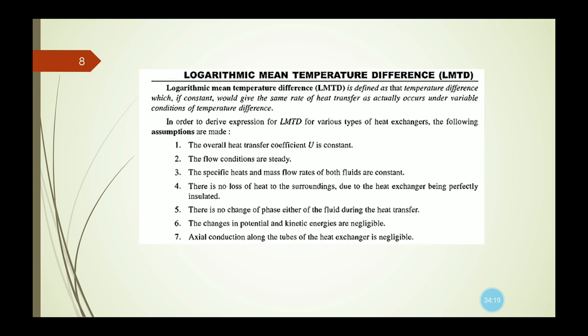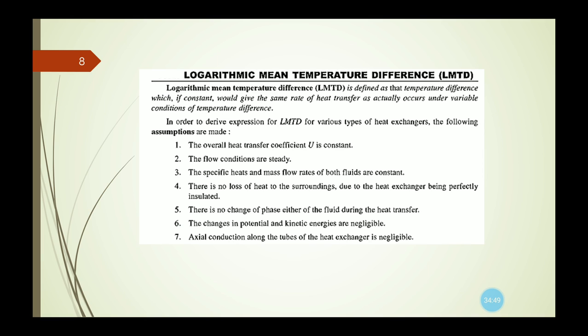Next we will be deriving the logarithmic mean temperature difference equation for the parallel flow and counter flow types of heat exchanger. To derive the equation for the LMTD for various types of heat exchanger, we need to make some assumptions.